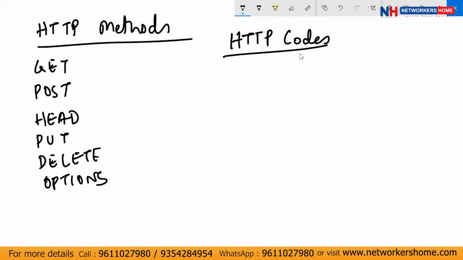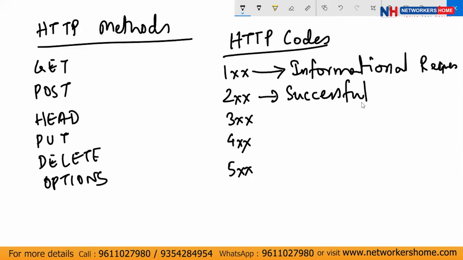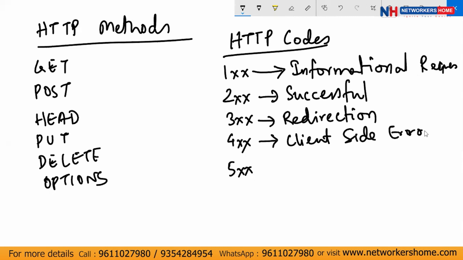There are basically 5 series of codes: 100, 200, 300, 400, and 500 series. 100 basically represents informational request. 200 represents successful, that the request is successful. 300 denotes redirection. 400 is client side error, and 500 is server side error.